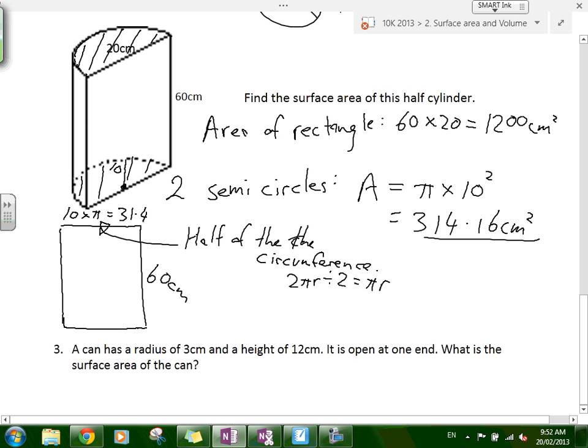So this area is going to be 31.42 times 60. Okay, can you work that out? 31.42 times 60.